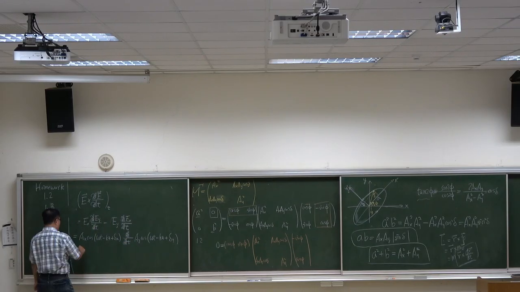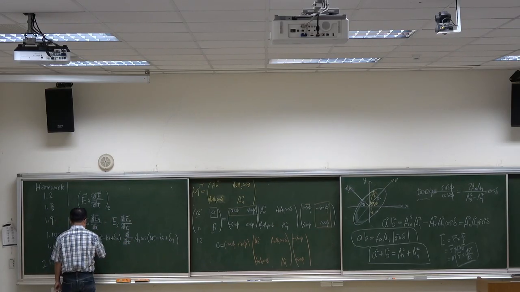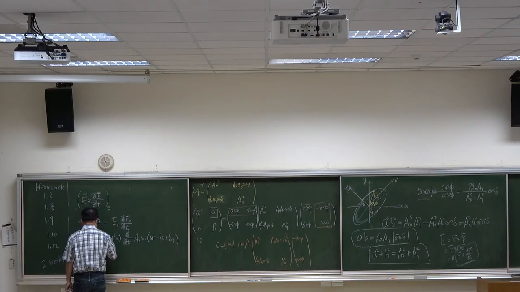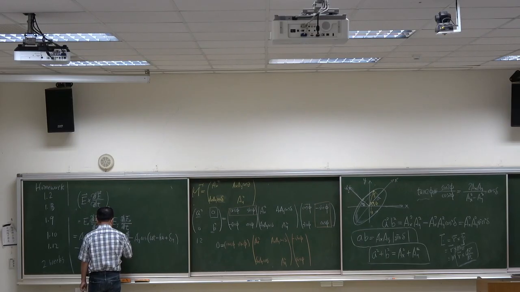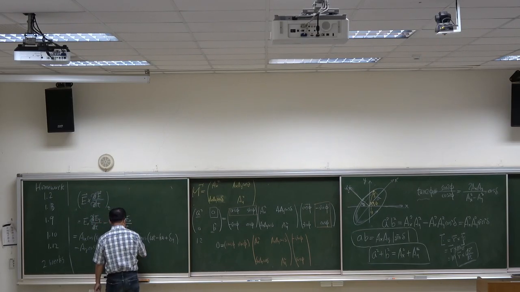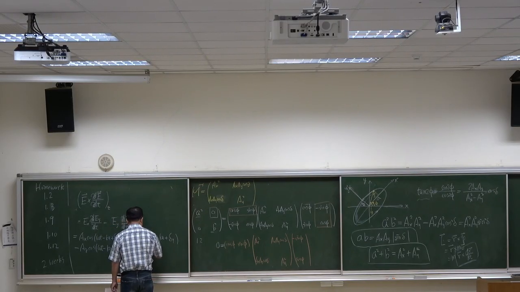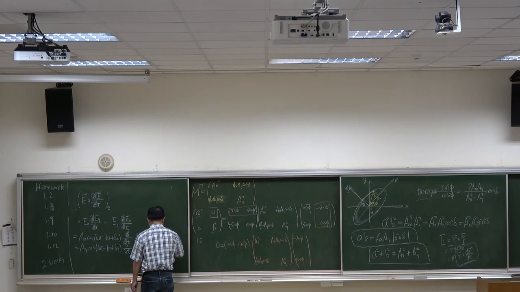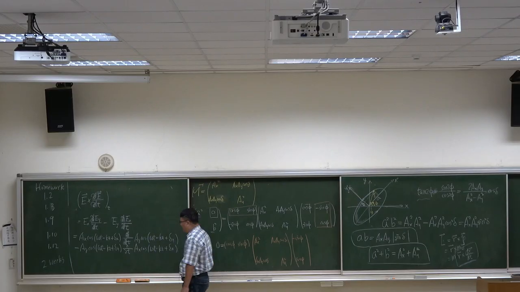Okay, minus AY cosine omega t minus KC plus delta y partial t AX cosine omega t minus KC plus delta x. Okay.